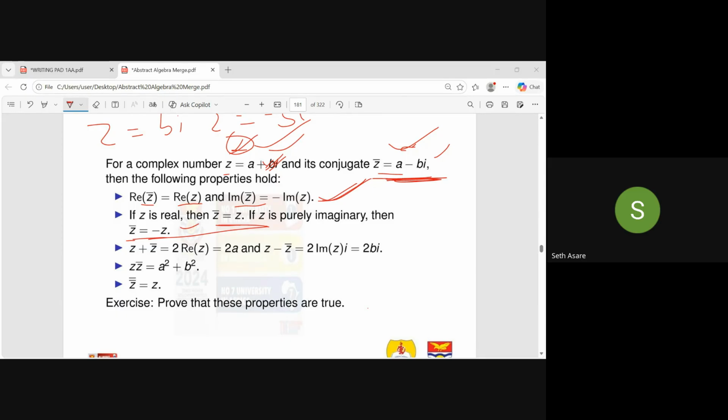Then the 2a is twice the real part of z. So that is it. When we subtract, what do we get? We are subtracting. What are we going to get?